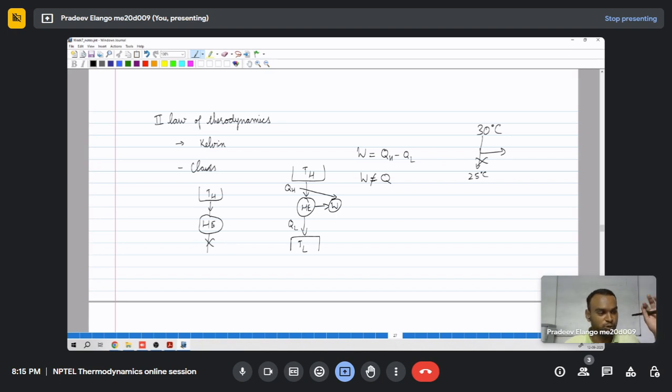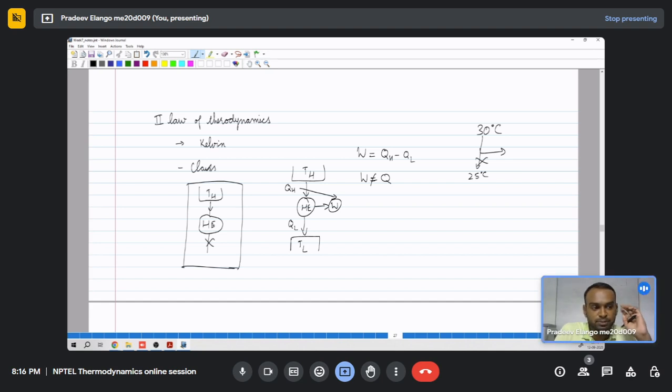I think you are not convinced yet, right? You cannot understand why this is not possible. But that is a law. Why it is not possible, I will also try to find out, but I think this is the law itself. Based on Clausius's experience or something, he found that it cannot be done with only one source.